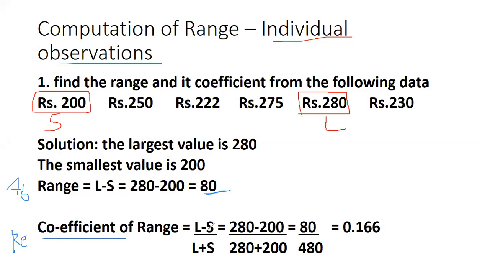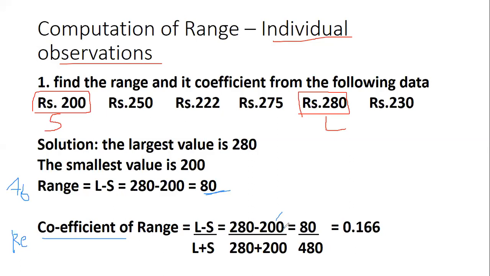The largest number is 280 and the smallest number is 200. So the absolute range is 280 minus 200 above, and below that, 280 plus 200, the sum of two extremes.